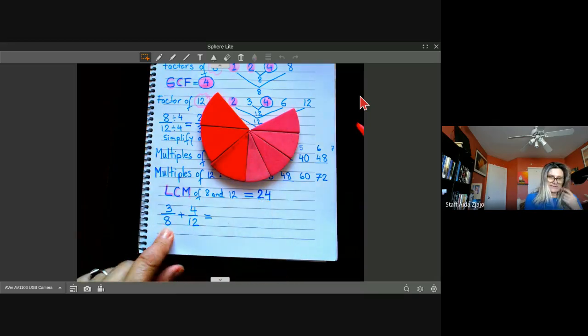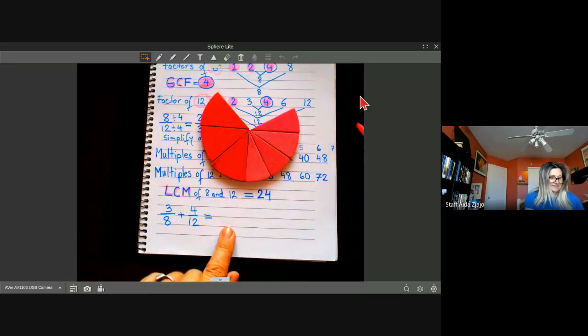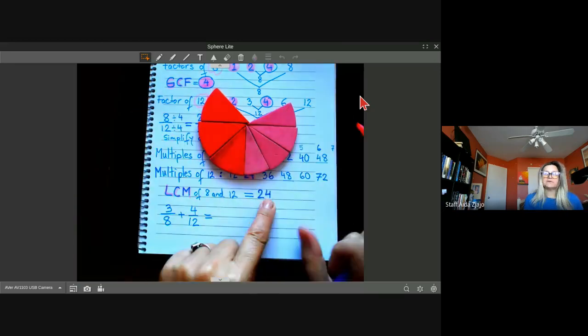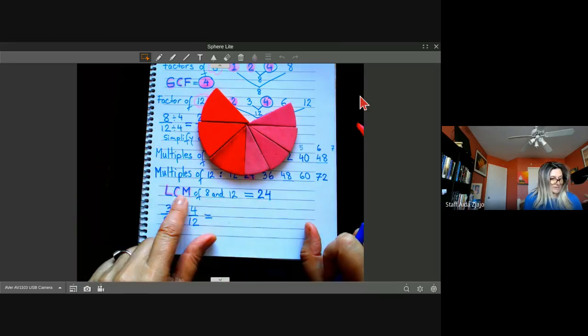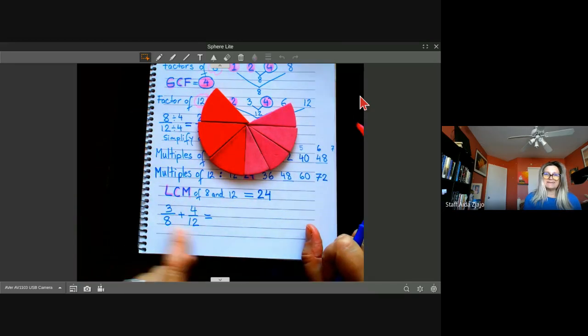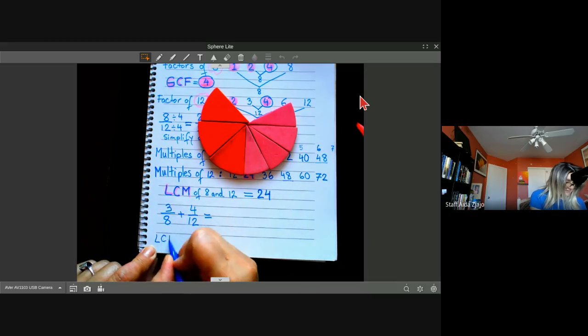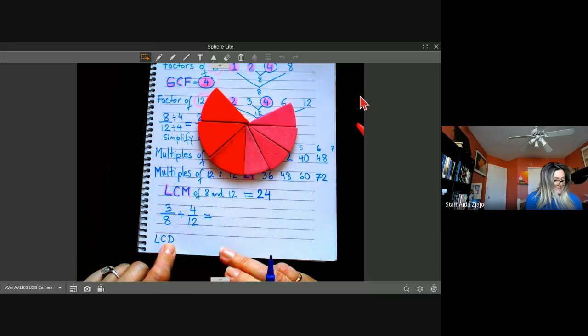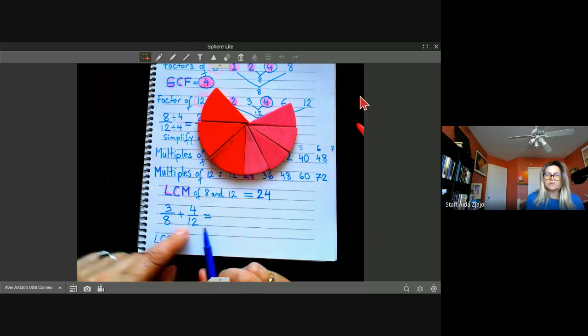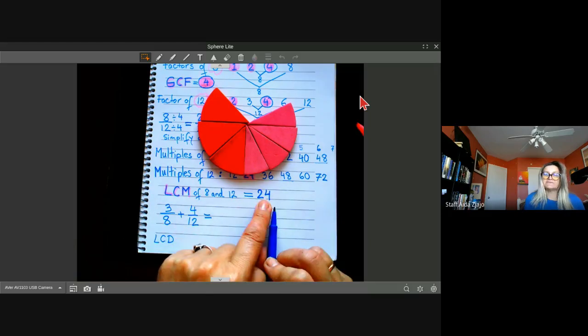So how I can do that is, this is my least common denominator. Least common multiple is going to be my least common denominator, LCD, because I need to change 8 and 12 into pieces of 24ths.